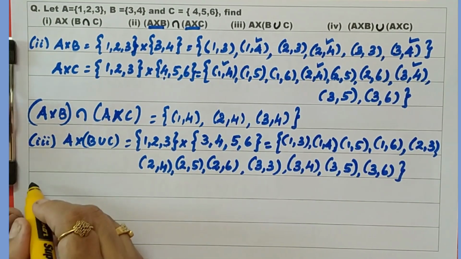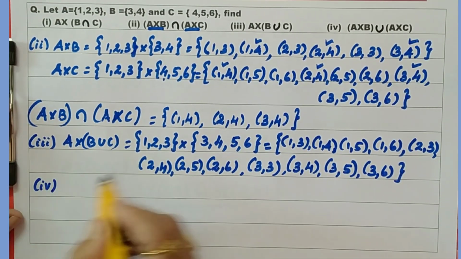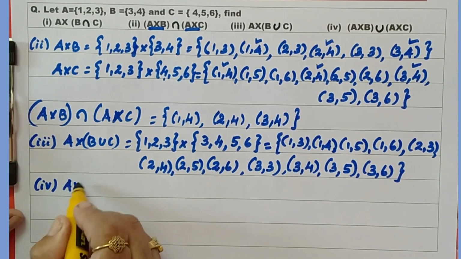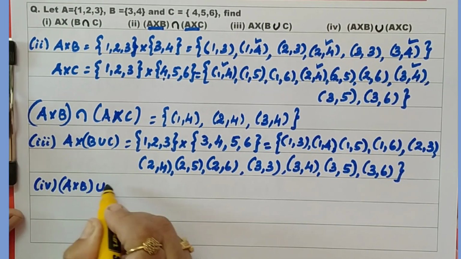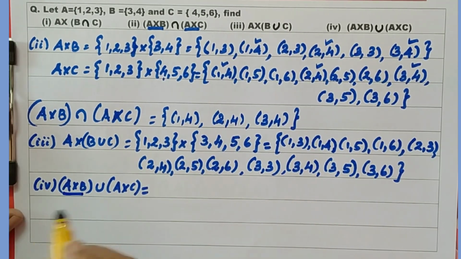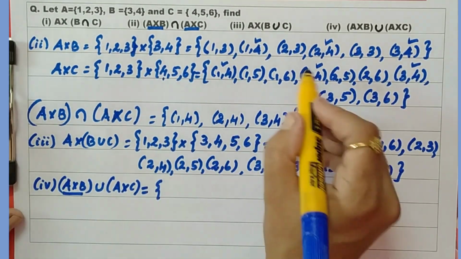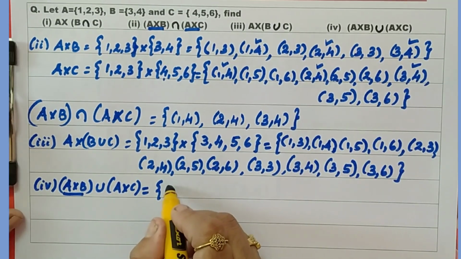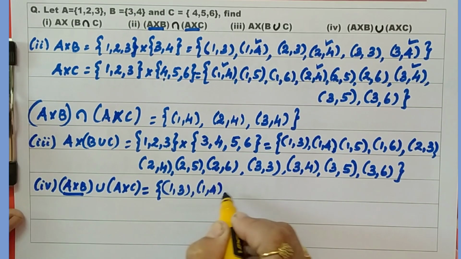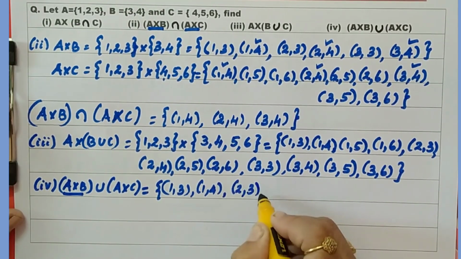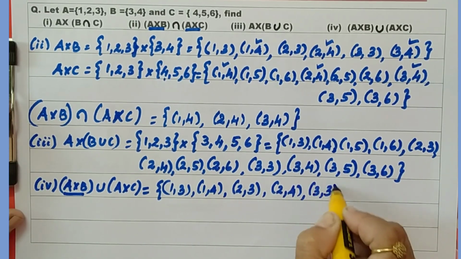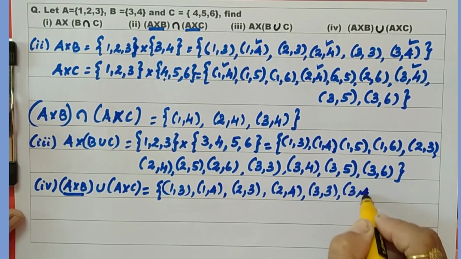Now come to the fourth question. What is (A cross B) union (A cross C)? I am going to do it directly. At first I am going to write A cross B, already written here: {(1, 3), (1, 4), (2, 3), (2, 4), (3, 3), (3, 4)}.